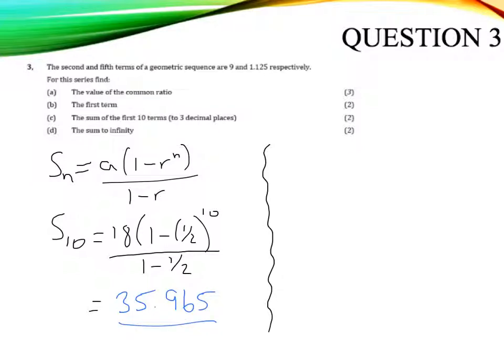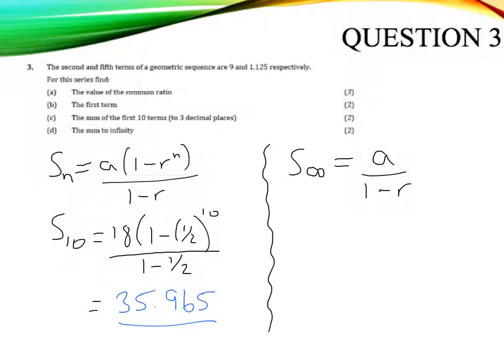The next part is the sum to infinity. Again, you're given this information in your formula booklet. The sum to infinity is A over 1 minus R. You can only do this when R is between minus 1 and 1, because the series then converges to a single point rather than just getting bigger and bigger in either direction, positive or negative.